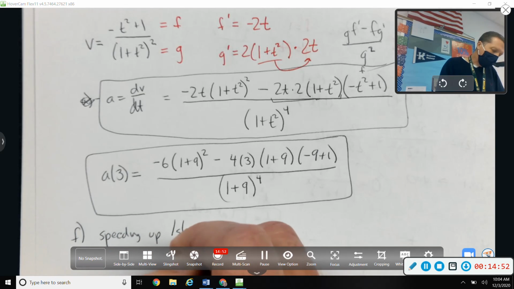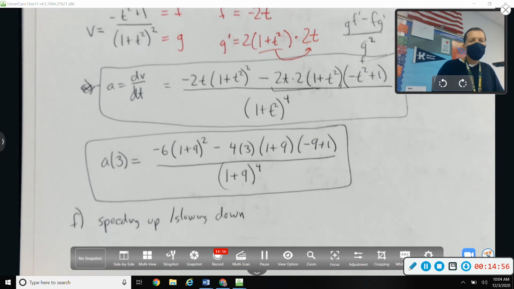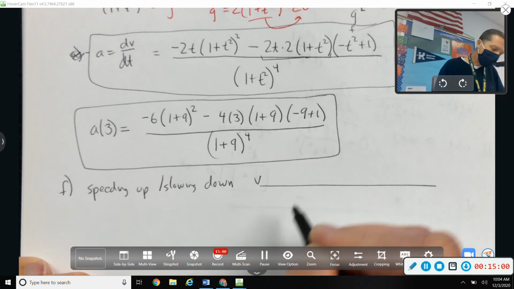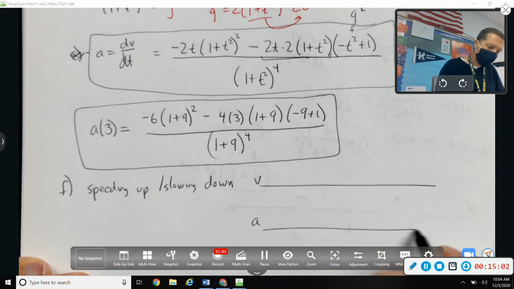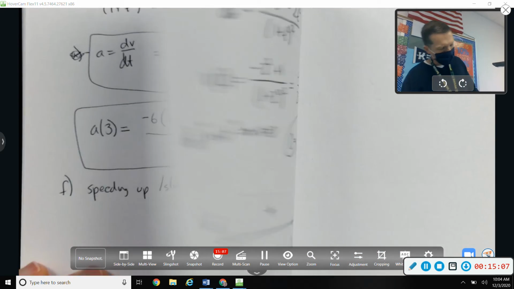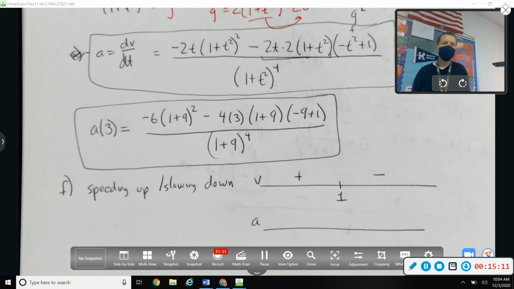Part F, speeding up and slowing down. So for that one, we would do a velocity number line, which we already have. Right, because to the left of one it was positive, and to the right of one it was negative.